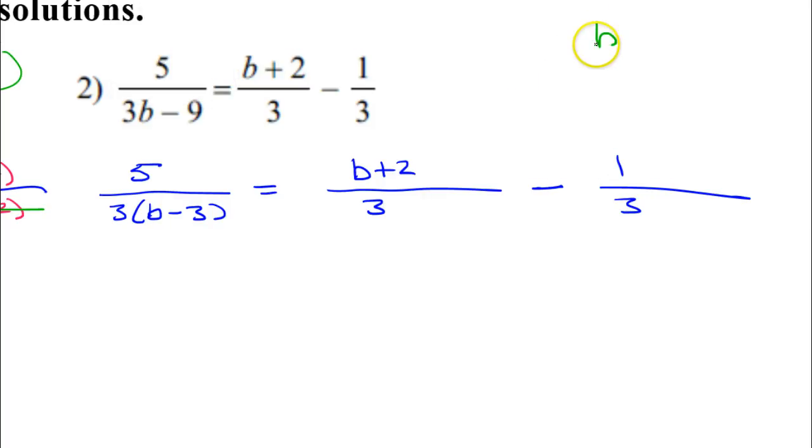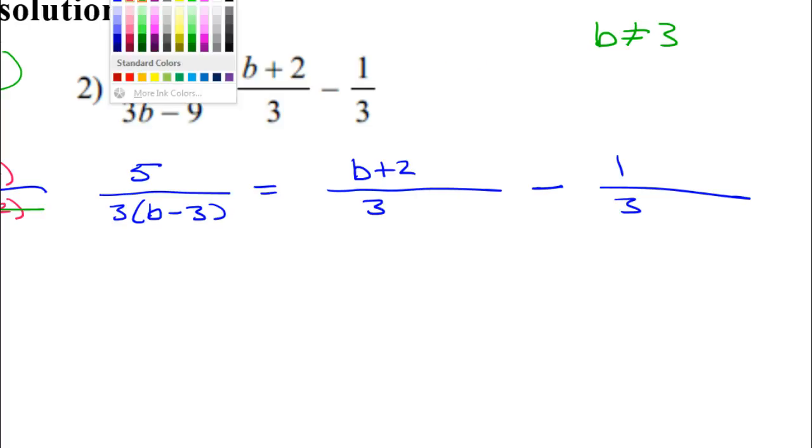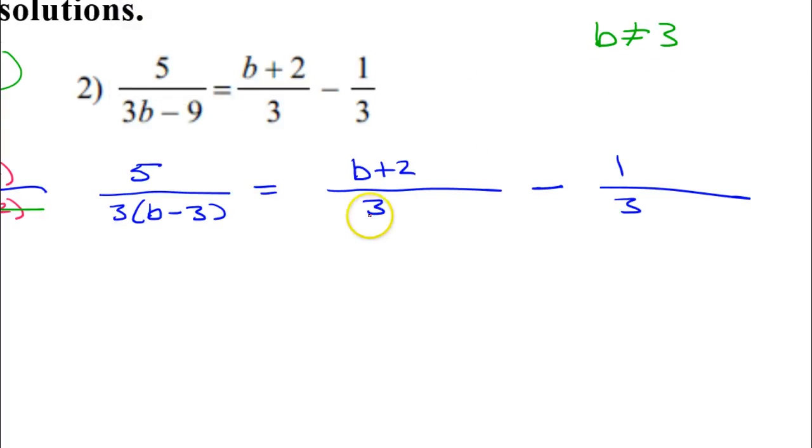Real quick, b cannot equal 3, because of the b minus 3, setting that equal to 0 and solving. So watch out. Make sure that none of the solutions we get are 3. All of the denominators have a 3 in it, so that's great. But this denominator has b minus 3, so I'm going to need a b minus 3 here.